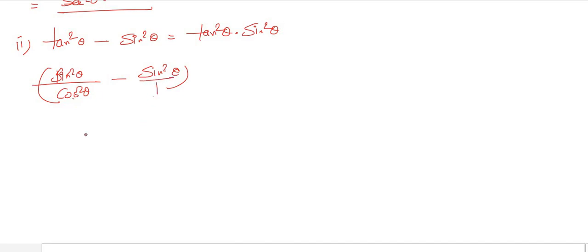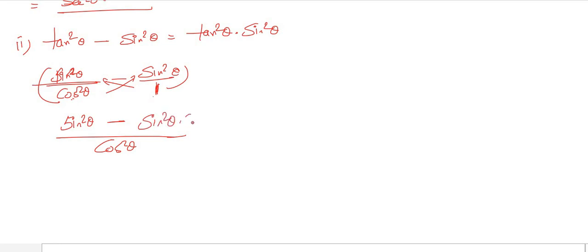Now, can we take LCM, which is cos square theta and 1. LCM is this, right? So what will be this into this and this into this? So it will be sine square theta minus sine square into cos square theta. Correct?